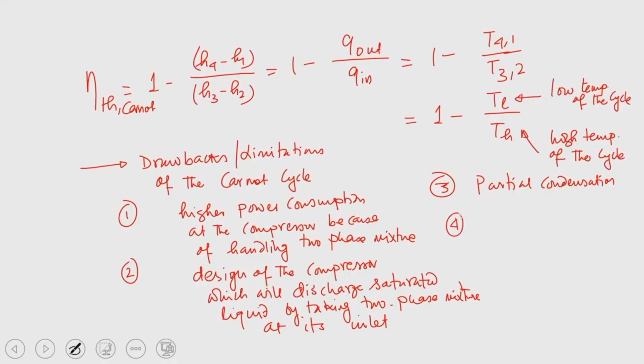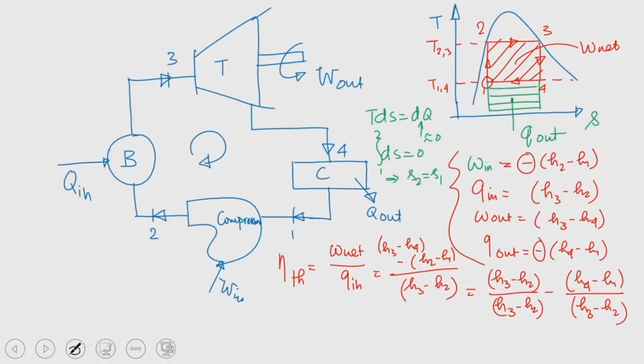Number 4, which we can see, that here we have shown this state point 2 and state point 3 on the saturated liquid line and saturated vapor line. This is the saturated liquid line, SLL, and this is the saturated vapor line, SVL.